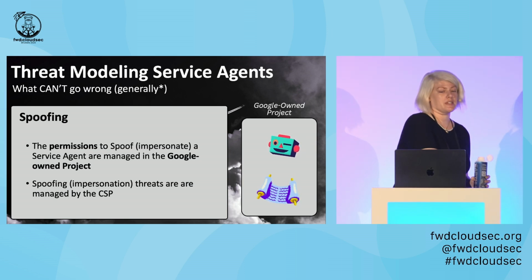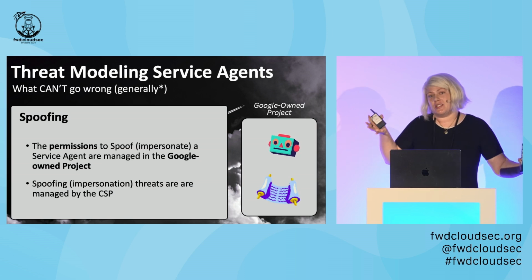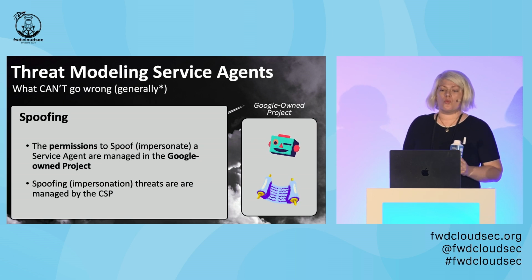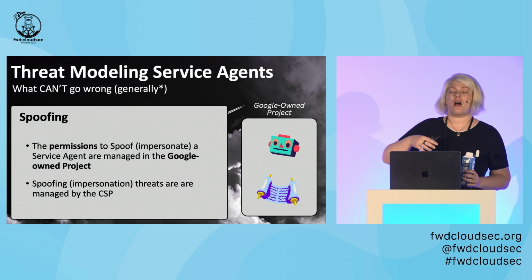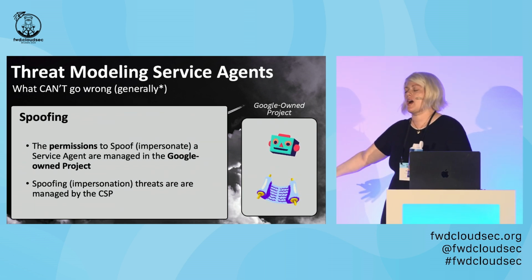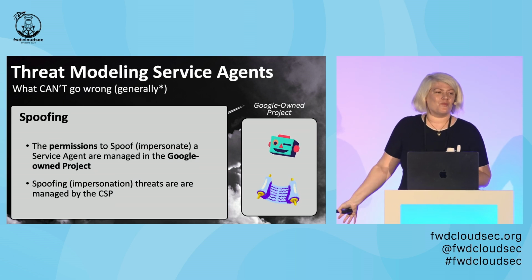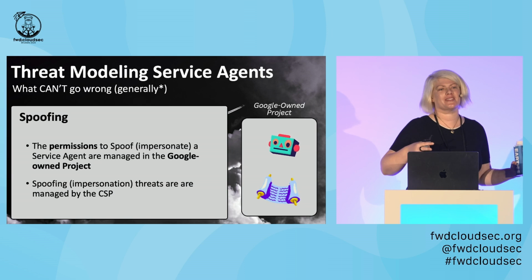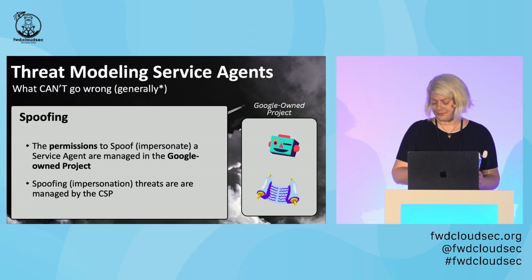It's Google's responsibility to secure them. And since these spoofing threats require IAM permissions, it's clearly on the other side of the cloud responsibility moat, shall we say. We could argue on whether or not Google's good at securing their projects, but it's clearly outside of the scope of the threats we're going to consider.